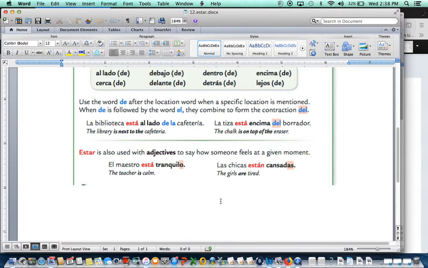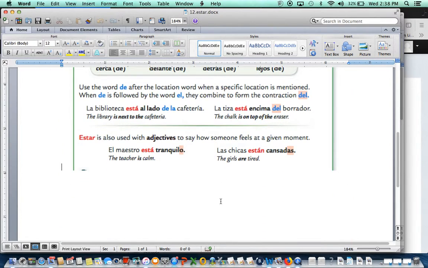Okay, what else? And again, we talk about using estar with feelings. Now be careful, okay? Because everything has to agree in number and gender. El maestro is a male teacher. He's calm, okay? So tranquilo or tranquila, because we're talking about a male teacher, you have to say tranquilo.